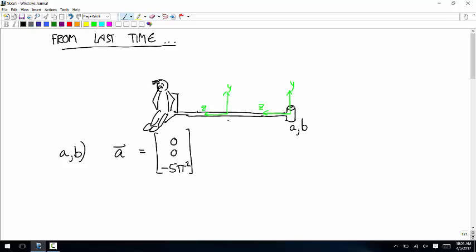And so now we're going to do C, where that coordinate system is fixed to the arm, so it's rotating. It's halfway out. And we're going to use relative motion and rotating coordinate system approach to calculate the acceleration of the astronaut based on that coordinate system at C.